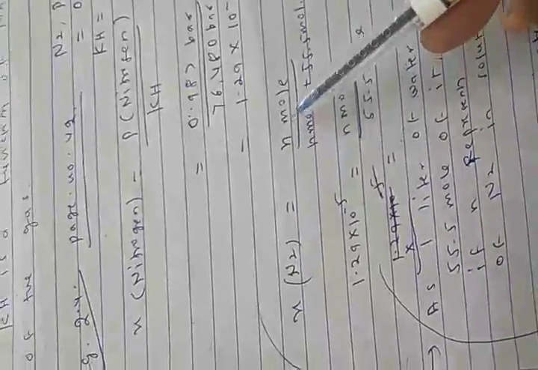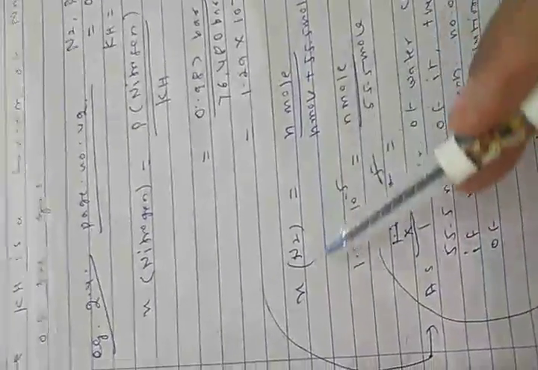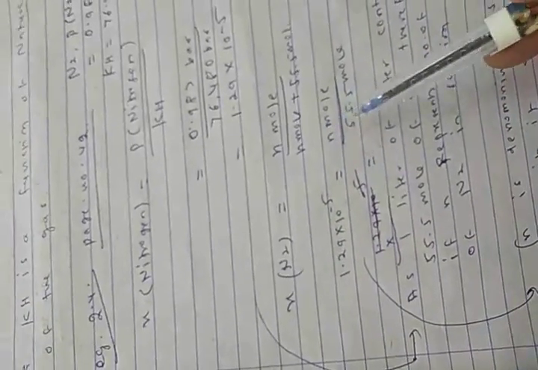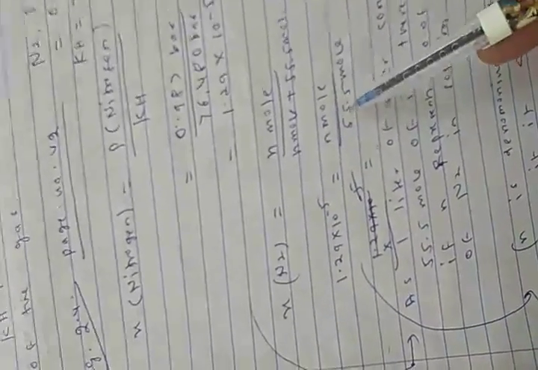Now X nitrogen is equal to the number of moles of nitrogen divided by the number of moles of water plus solute. We can write 55.5 moles for water, as 1 liter of water contains 55.5 moles.